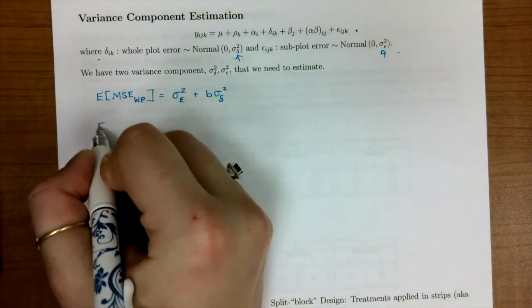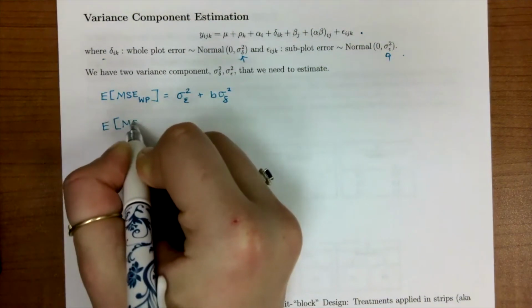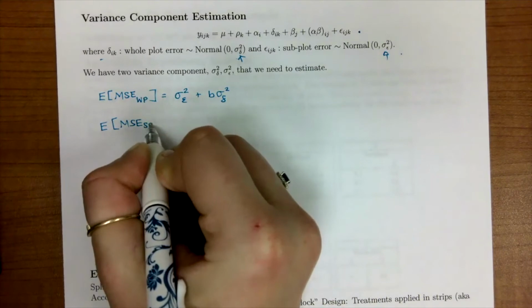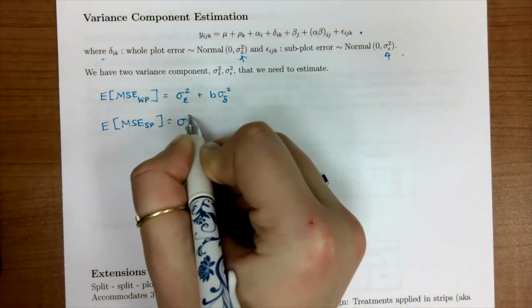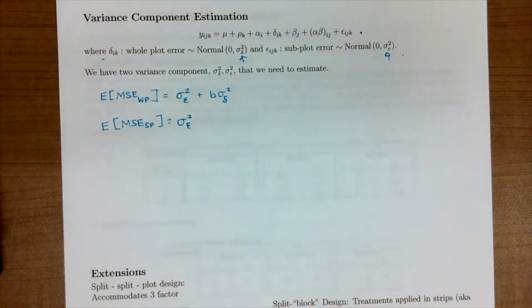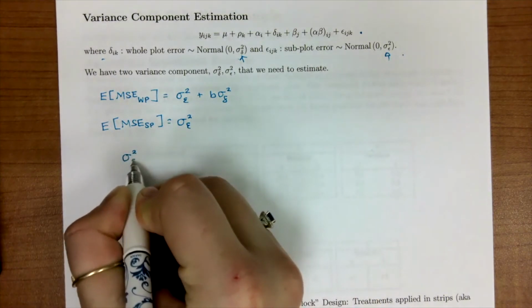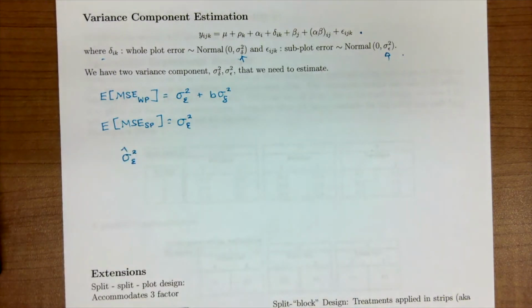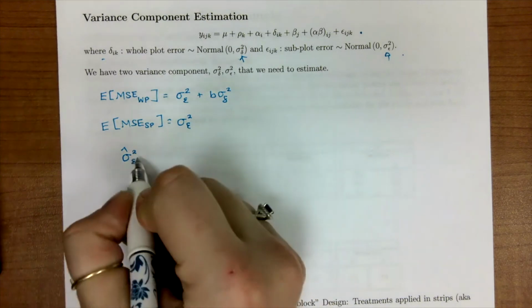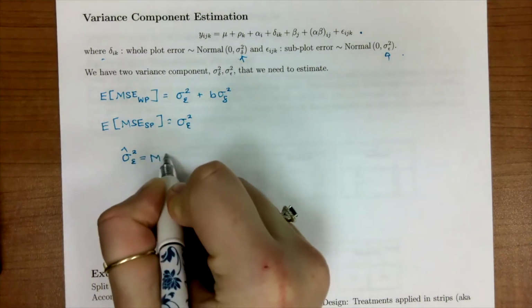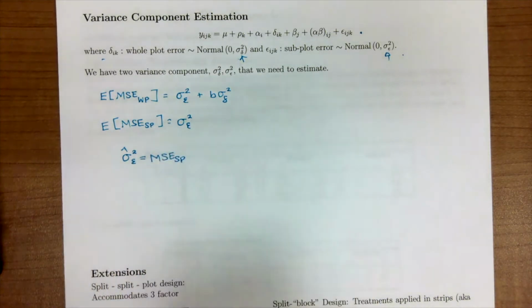The other thing is the expected value of MSE of the subplot is equal to sigma squared epsilon. So if we were to estimate sigma squared epsilon, denoted sigma squared epsilon hat, our best estimate would be the MSE of our subplot. Easy.